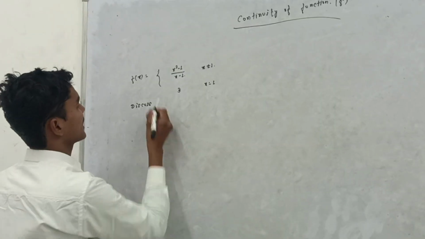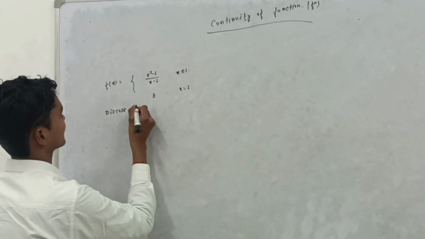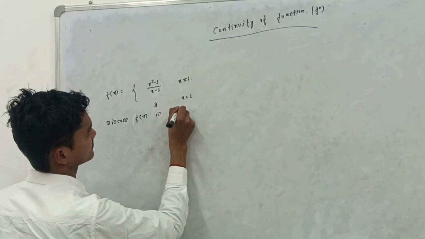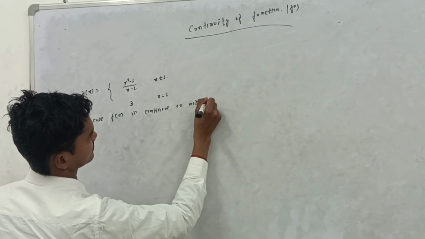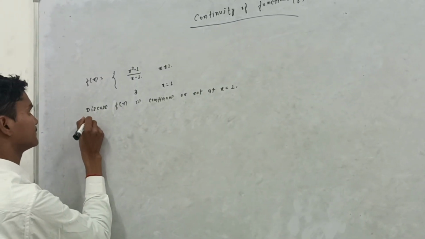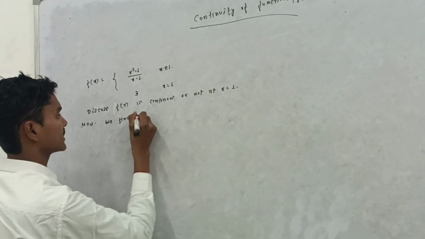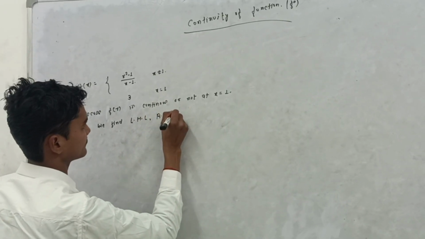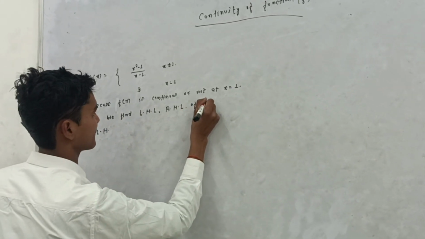Discuss whether the function f(x) is continuous or not at the point x is equal to 1. Now we find the LHL and RHL of the function f(x).